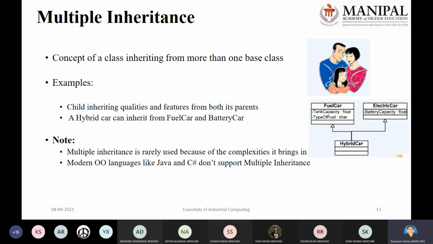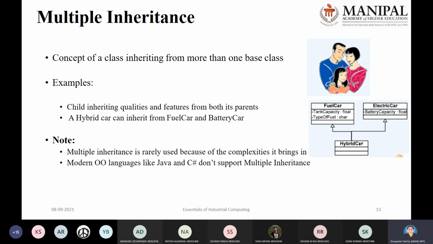So child inherits the properties or qualities of father as well as mother. So there will be two base classes and one derived class. Of course, child can have additional qualities, but it inherits some qualities of mother and some qualities of father. This is a typical example of multiple inheritance, and you can easily remember it.